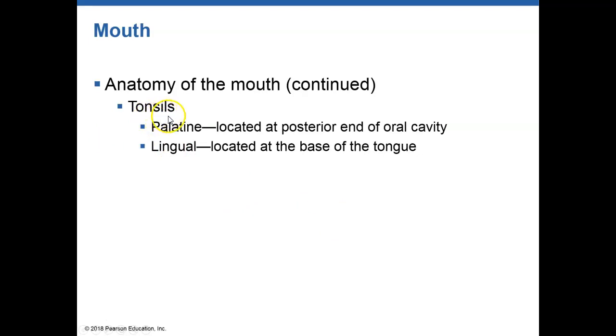We have tonsils that are found in the posterior aspect of the oral cavity. These are called the palatine tonsils. We also have tonsils at the base of the tongue, known as lingual tonsils. These are going to trap any potential pathogens that are trying to get in through the digestive route.